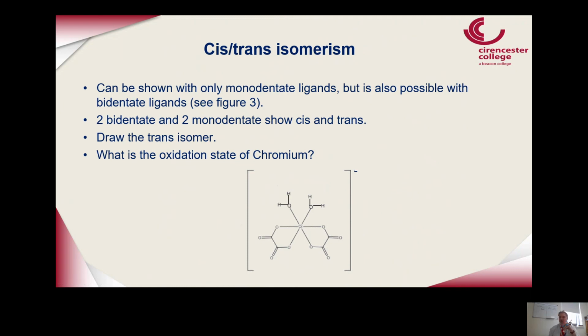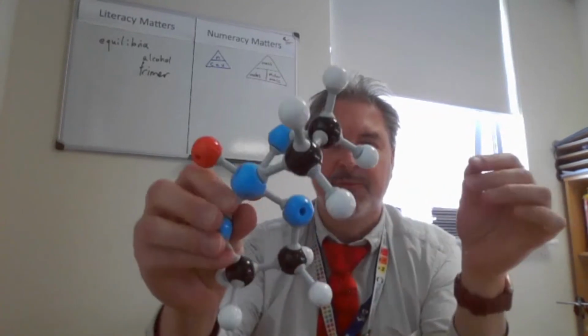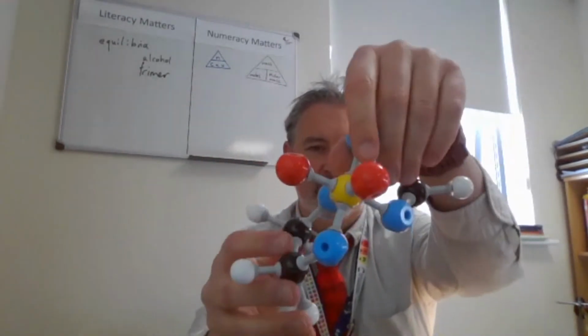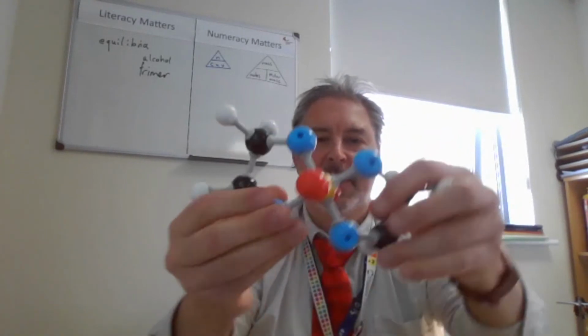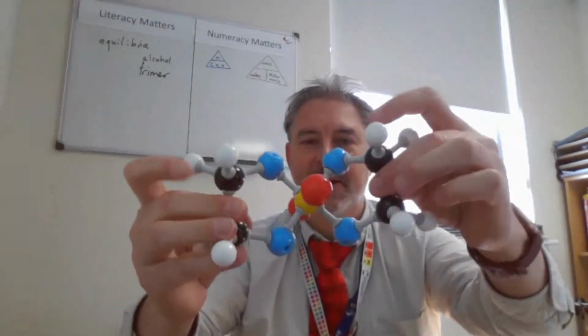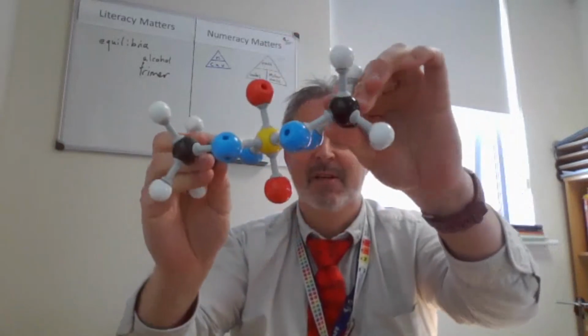Actually, I will just show you that again. So here we have it in cis formation. So there's the cis formation. I switch this over. There it is in trans formation.